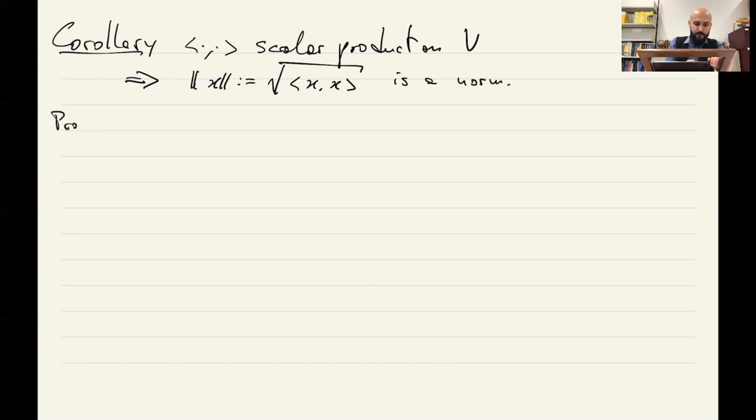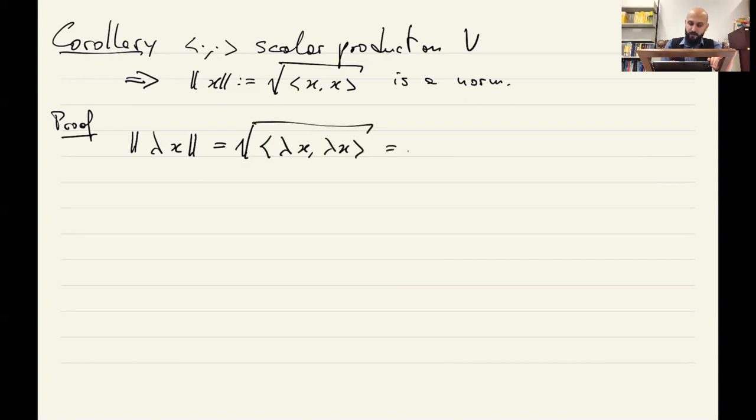Let's prove it. So let's check that scalars go outside. So this is the square root of the scalar product of lambda x with itself. Because it's a scalar product, lambda squared goes out.